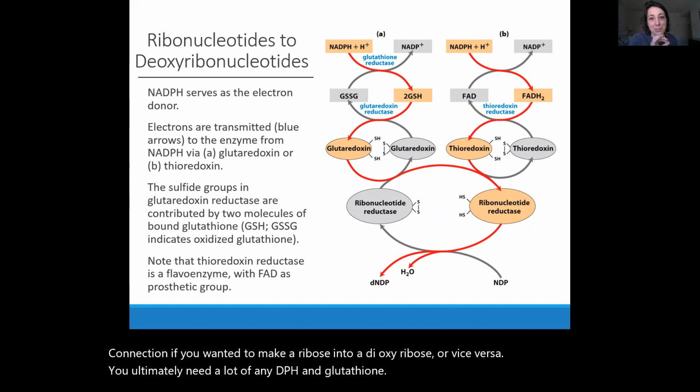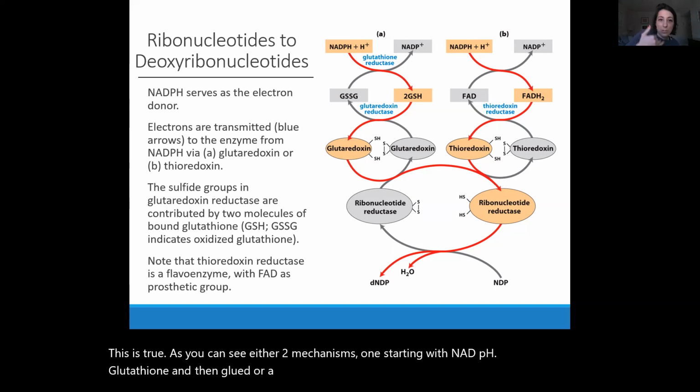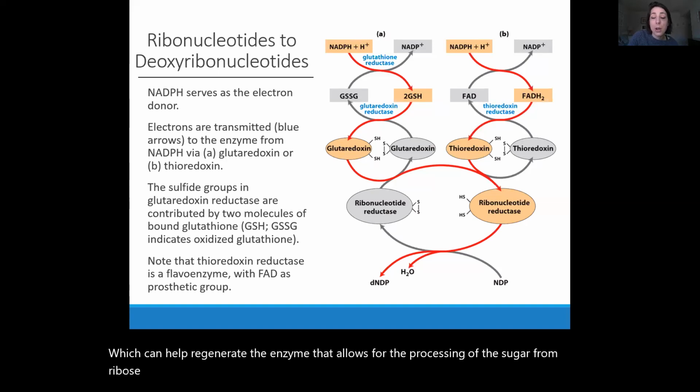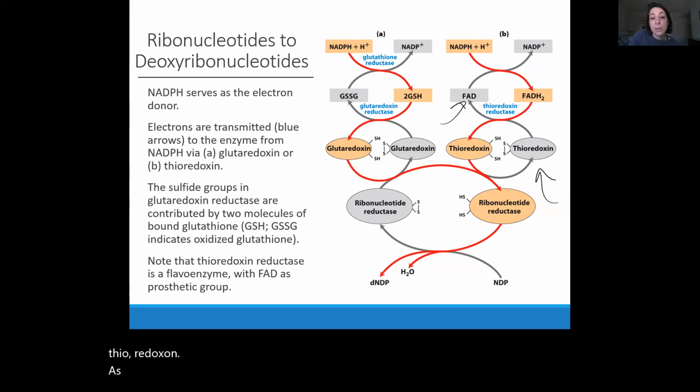This is through, as you can see, either of two mechanisms, one starting with NADPH, glutathione, and then glutaredoxin, which can help regenerate the enzyme that allows for the processing of the sugar from ribose to deoxyribose. Or you can use, instead of glutathione, FAD and thioredoxin as well. This is the flavoenzyme with FAD as a cofactor.